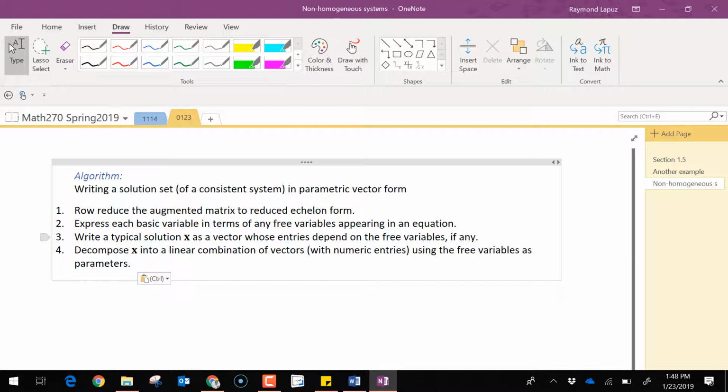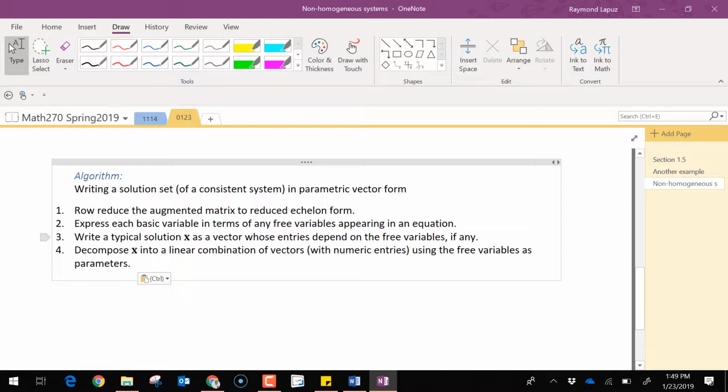If you could do the reduced row echelon form, even better. Express your basic variables in terms of any free variables appearing in the equation. In the example that we've been working on, we had one free variable, x3. So we write x2 and x1 in terms of that one variable x3. And then write a typical solution for x as a vector whose entries depend on the free variable.